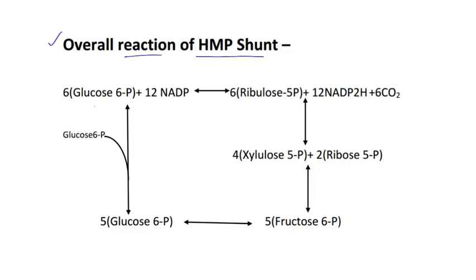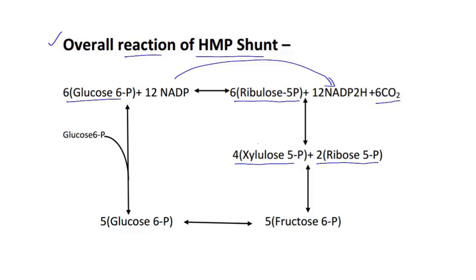Here, at first, 6 molecules of glucose 6-phosphate produce 6 molecules of ribulose 5-phosphate and 6 molecules of carbon dioxide, and 12 NADP is reduced. Then these 6 molecules of ribulose 5-phosphate produce 4 molecules of xylulose 5-phosphate and 2 molecules of ribose 5-phosphate.